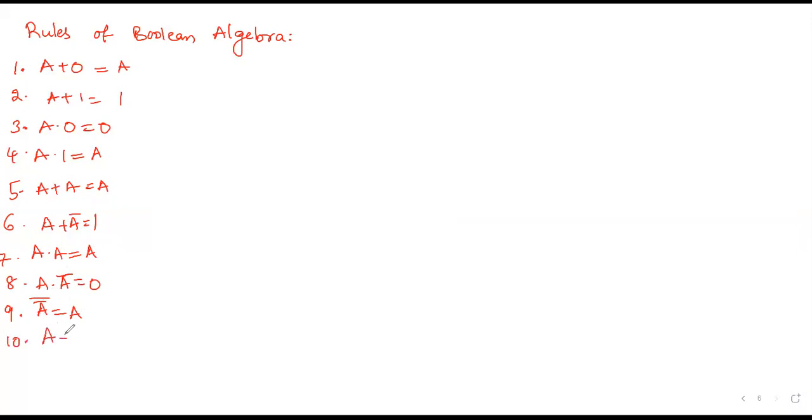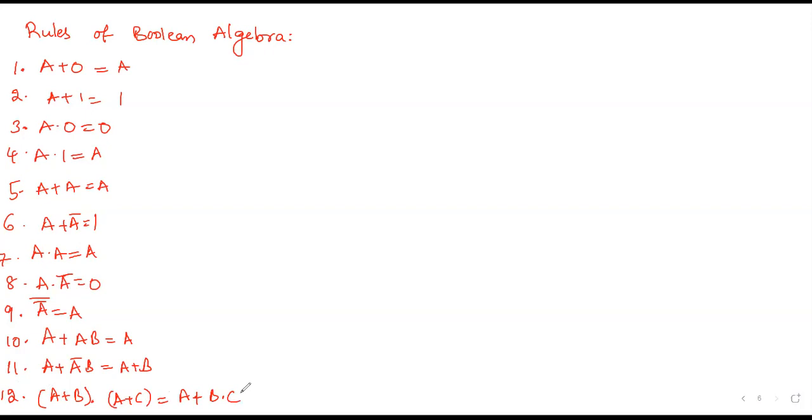Then A plus AB is equal to A. A plus A bar B is equal to A plus B. (A plus B) into (A plus C) is equal to A plus B into C. These are the 12 rules. Now you need to prove them one by one.